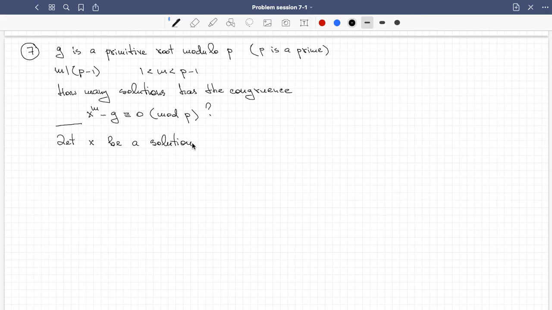I want to prove that the answer here is that the congruence has no solutions.